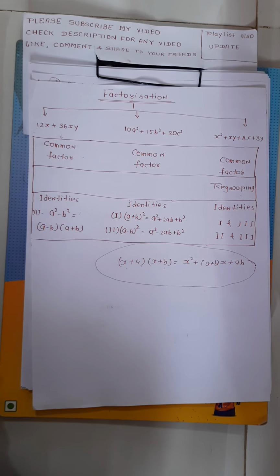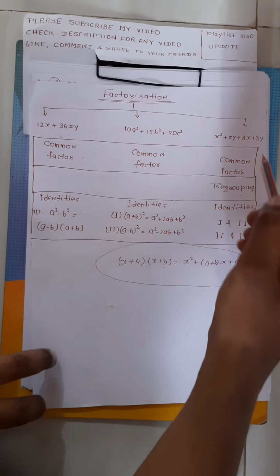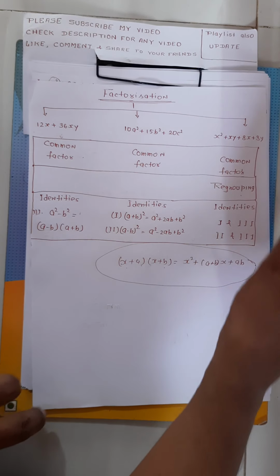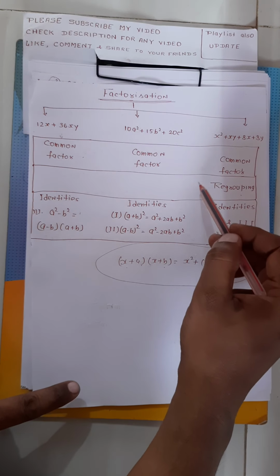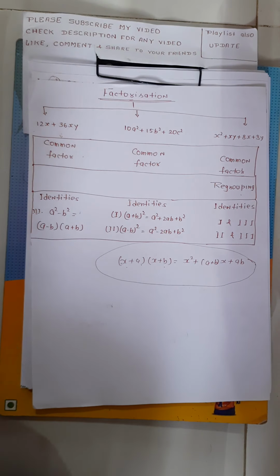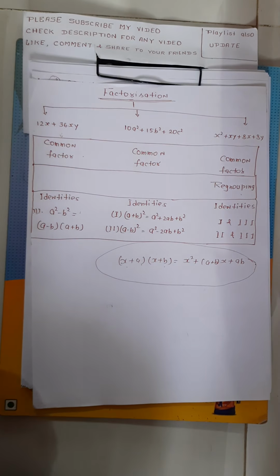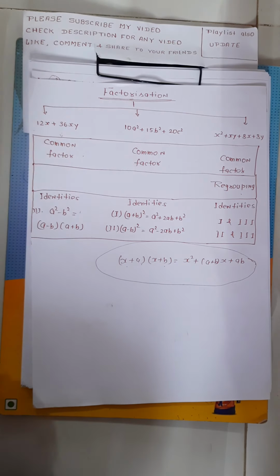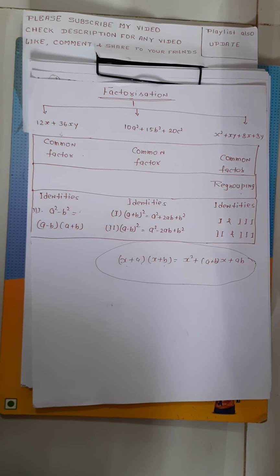If there are four terms, then first of all we try to use the regrouping method, and we have already solved questions by regrouping. Now in exercise 14.2 we will use the identities.